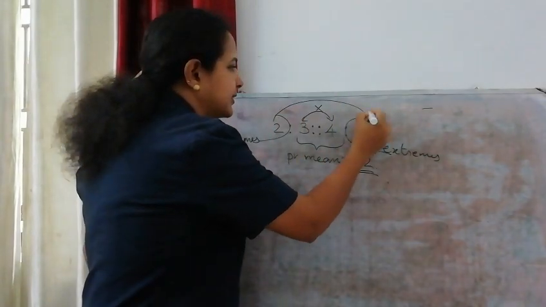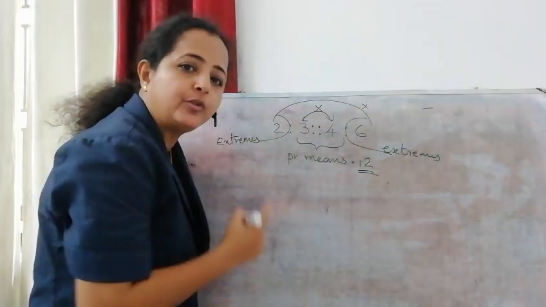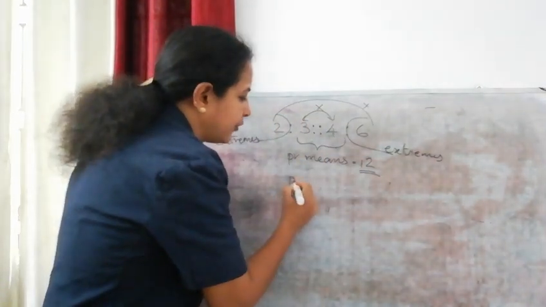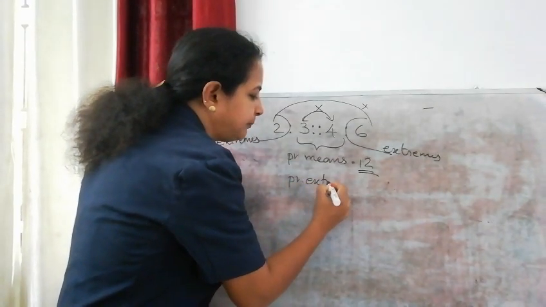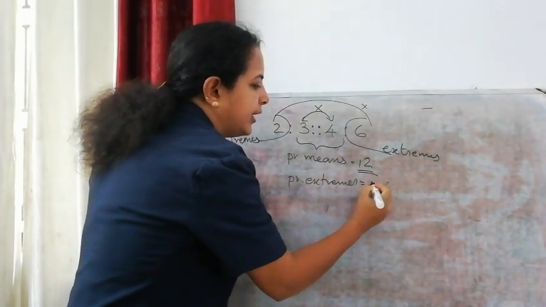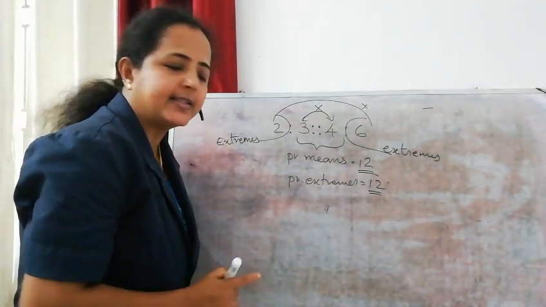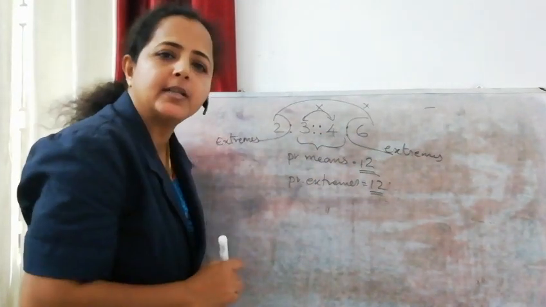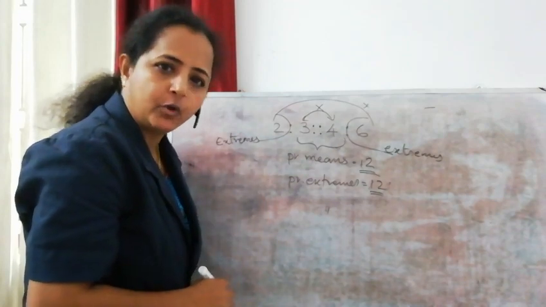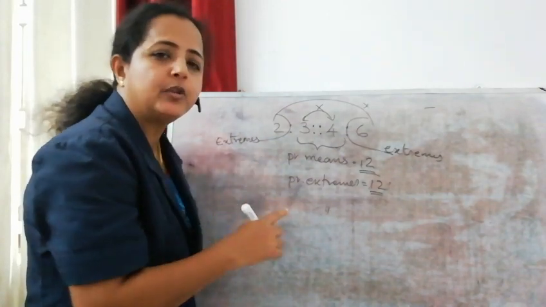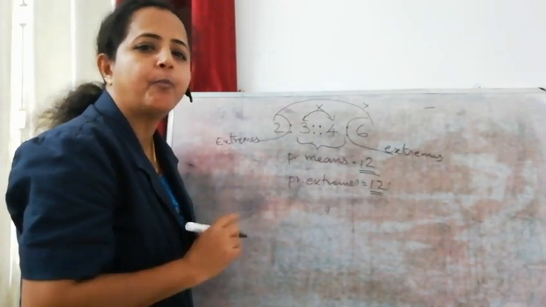The product of extremes, 2 and 6, is 2 into 6, 12. If they are equal, we can say that these four numbers are in proportion. This is the way to check whether numbers are in proportion or not.